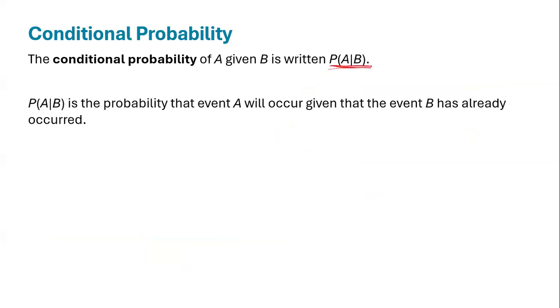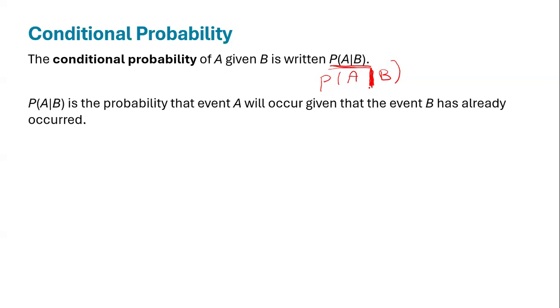To read this, we say the probability of A given B. That line is read as "given," which means you want to find the probability of A when B already occurred, when B is already given to you.